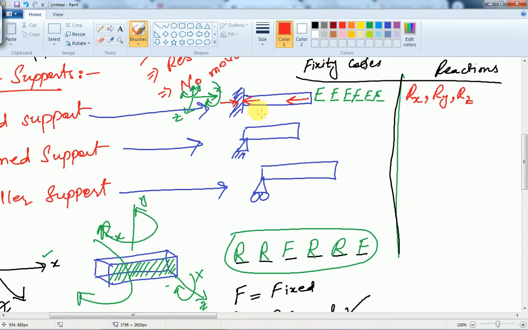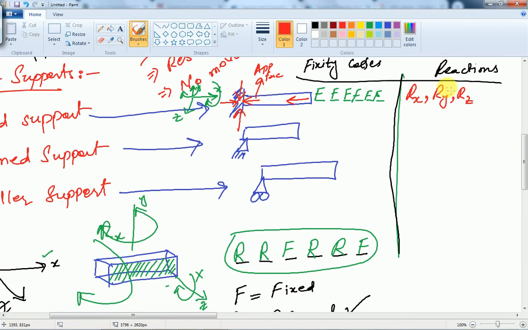we can say the support will react in the x-axis, and it will also react in the y direction, and it will also react in the z direction. So for all three translational forces, if we apply a force here, the support will react in the opposite direction. If we apply a force vertically, along the y-axis, this support will also react in the opposite direction with the same magnitude.